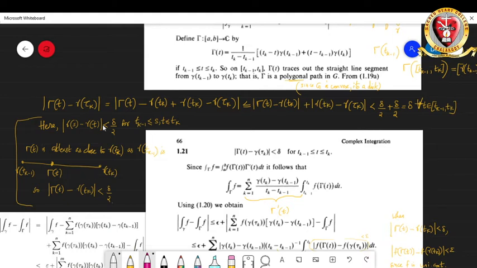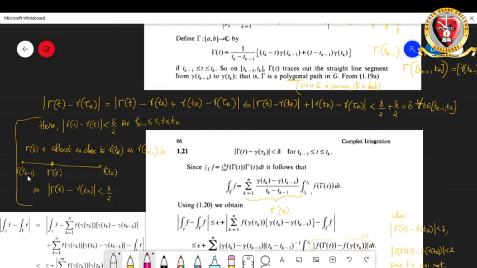And talking about this capital gamma of t and small gamma of tk, you can get that from here. This gamma of tk minus 1 is here, the point is here, and gamma of tk is here, and capital gamma of t is a point lying inside this straight line. So definitely the distance between capital gamma of t and gamma of tk will be strictly less than delta by 2, right?